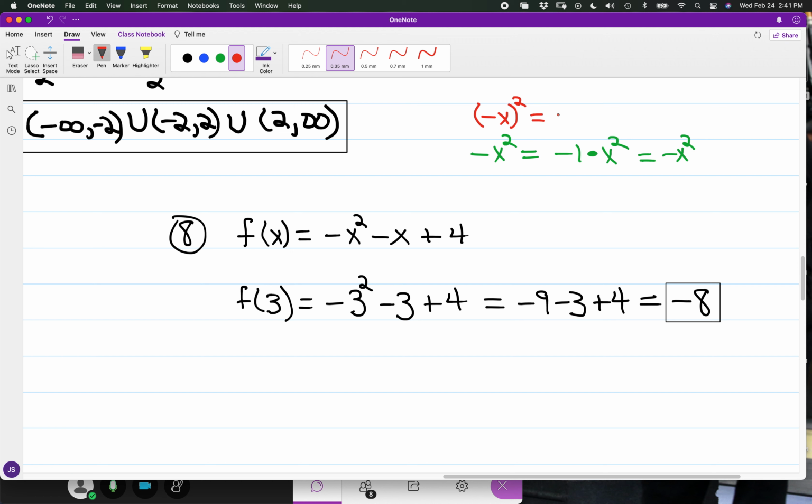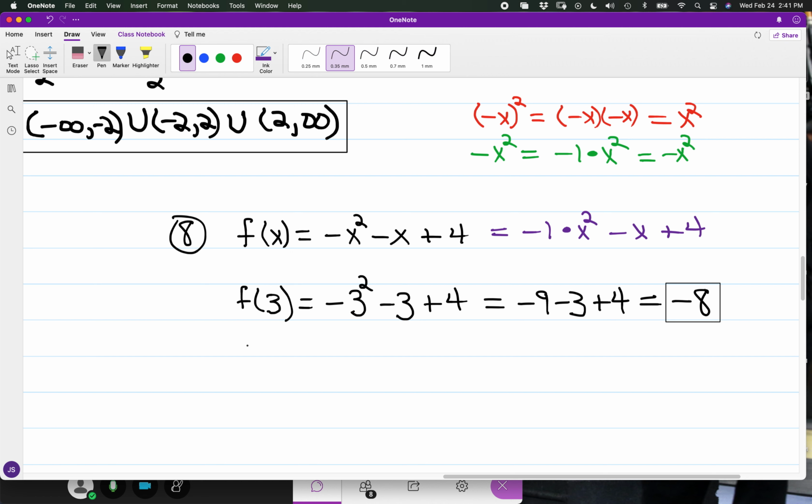The square of negative x is negative x times negative x; negative times negative is a positive, so that is positive x squared. So just read this as if it were -1 times x squared minus x plus 4.